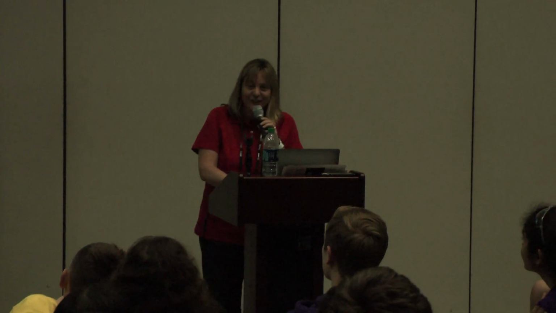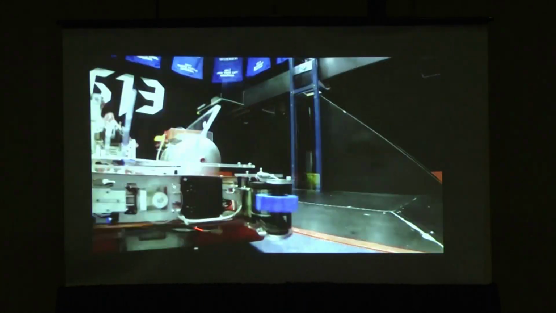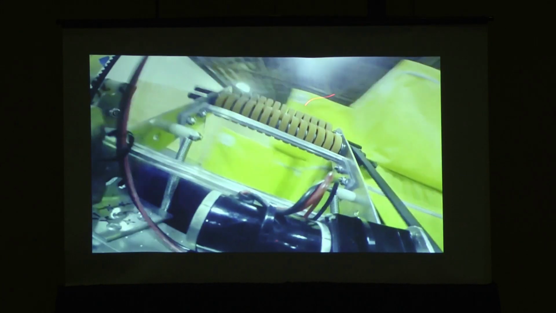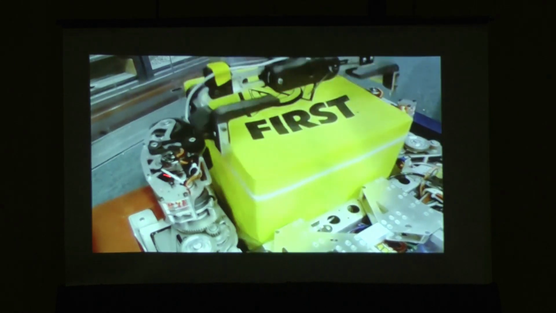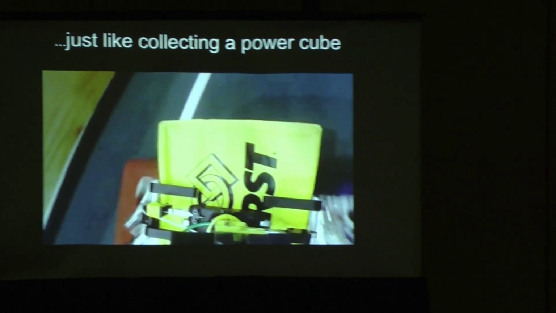And I couldn't help but try and make an analogy to FIRST. So my analogy is it's like picking up power cubes in FRC. So there's many ways to pick up the power cubes in the FRC game. You need to pick them up and deliver them either to the switch or scale. And you can see lots of different teams came up with different ways of doing it.